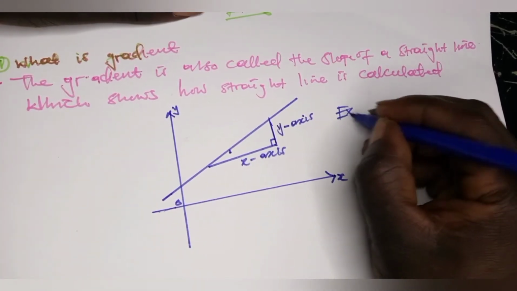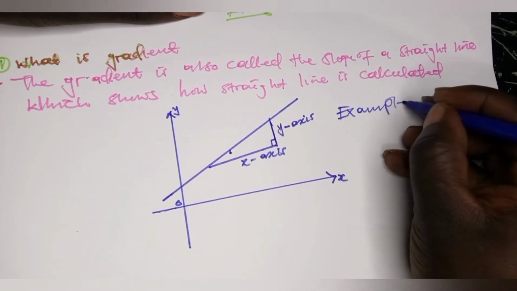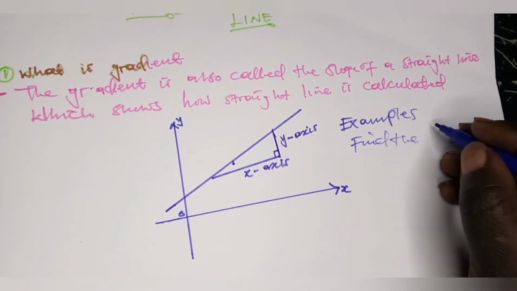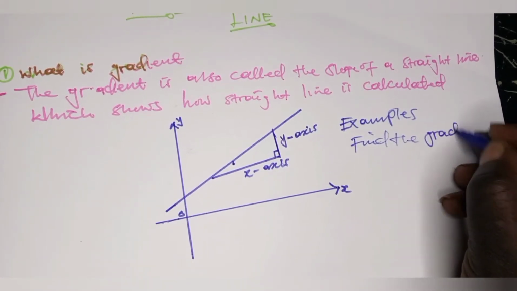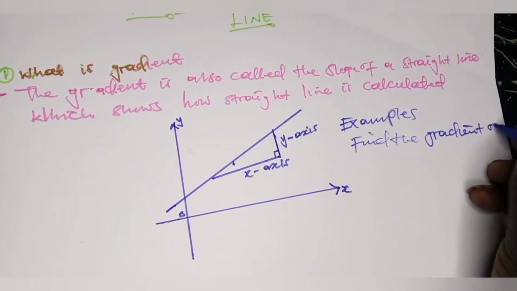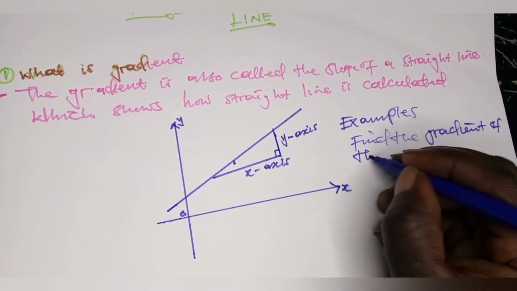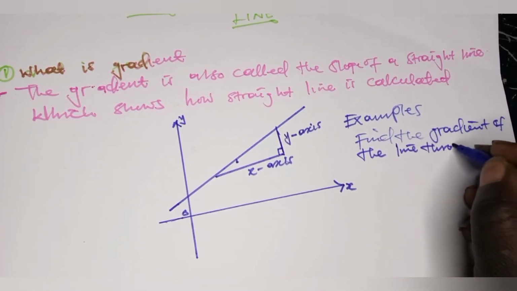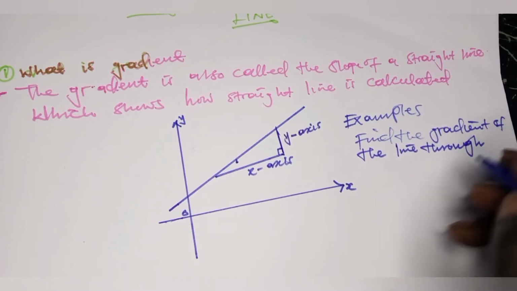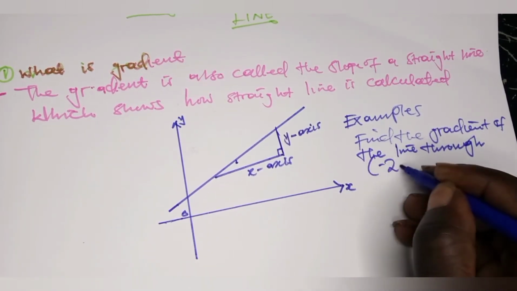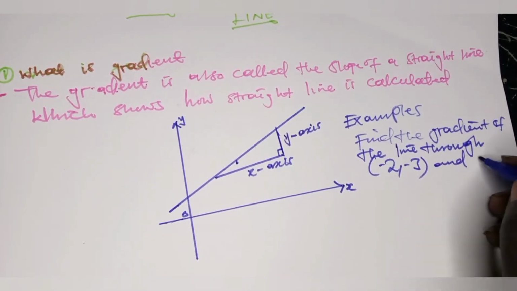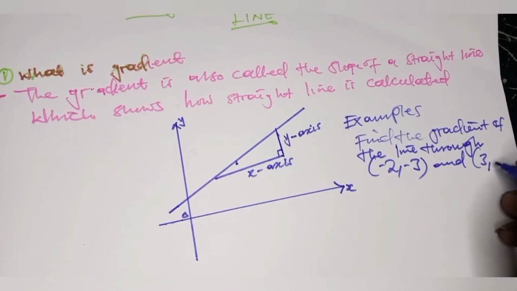So let's try to work out an example. Find the gradient of the line through (-2, -3) and (3, 5).